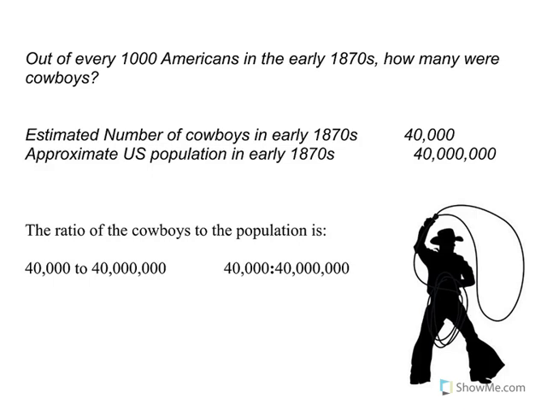The approximate U.S. population in the early 1870s, 40 million. The ratio of cowboys to the population is 40,000 to 40 million. Written as a ratio, it looks like this, 40,000 to 40 million.